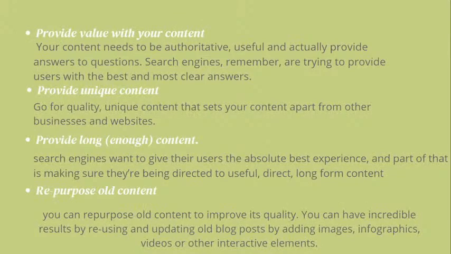Your content needs to be very authoritative, useful, and actually provide answers to their questions. Search engines, remember, are trying to provide users with the best and most clear answer. So these things are used in the blog or in Quora also.